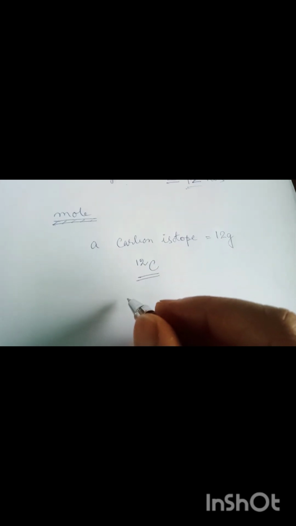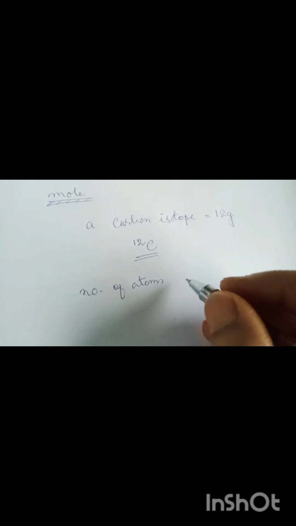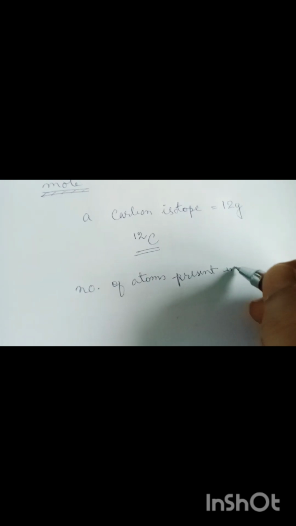From the experiment, it is calculated that the number of atoms present in 12 gram of isotope of carbon 12 is equal to 6.022 into 10 to the power 23 atoms.